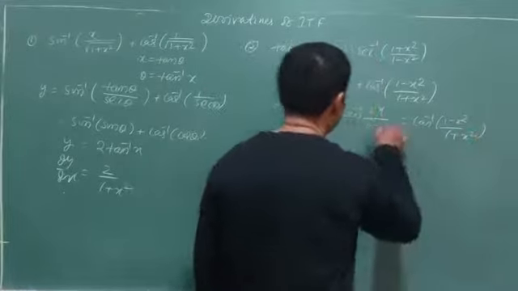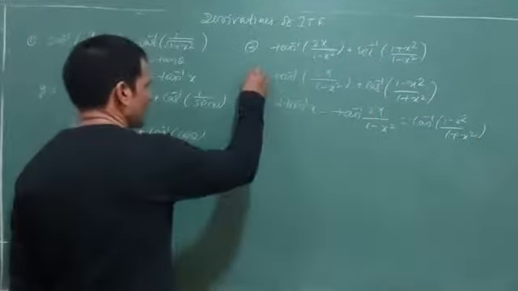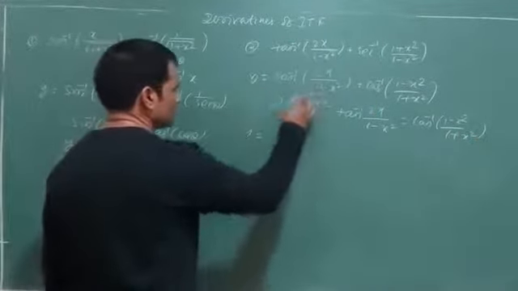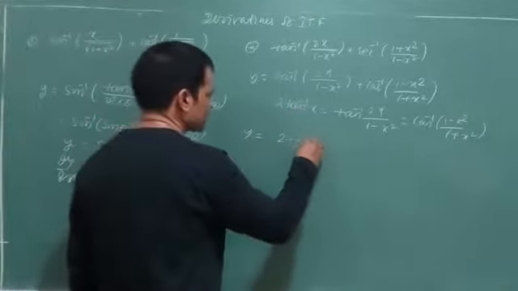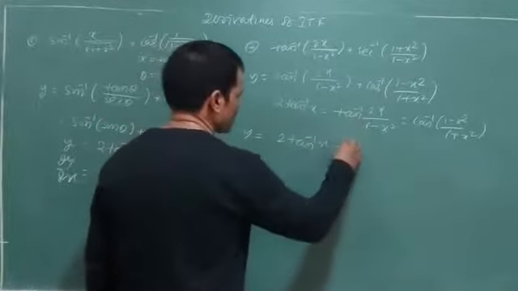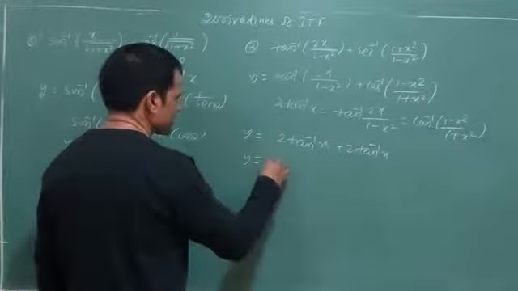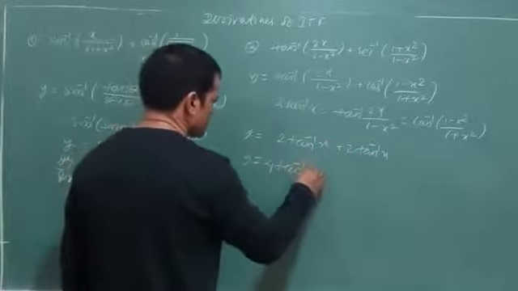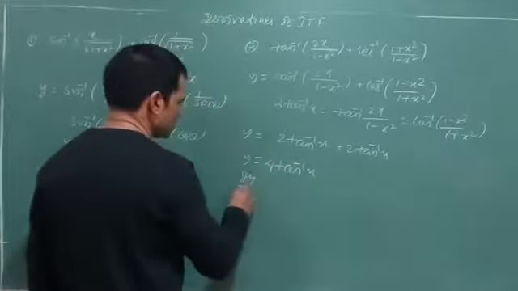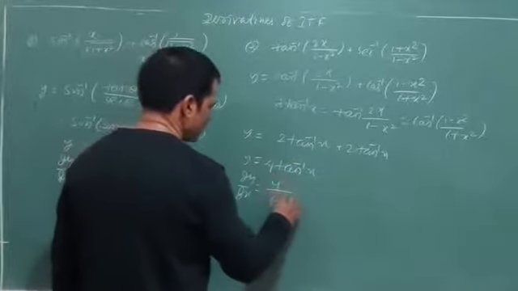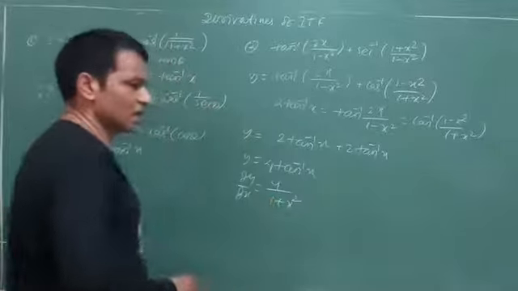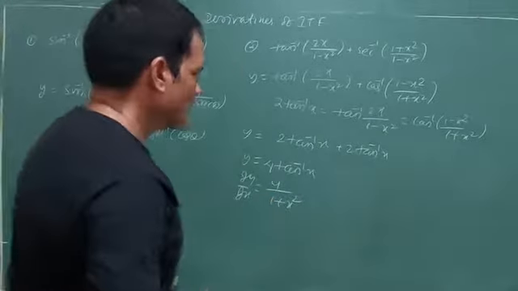Then they will apply the formula directly over here, and write y as 2 tan inverse x plus 2 tan inverse x. That gives you 4 tan inverse x. Then dy by dx is equal to 4 by 1 plus x square. So it is up to you which method you adopt. Okay. Next.